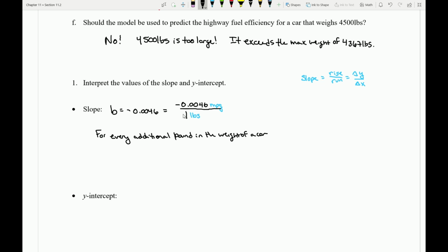And this says for every 1 pound in the weight of a car, my predicted highway miles per gallon, and the negative here is going to indicate that it will decrease or goes down.